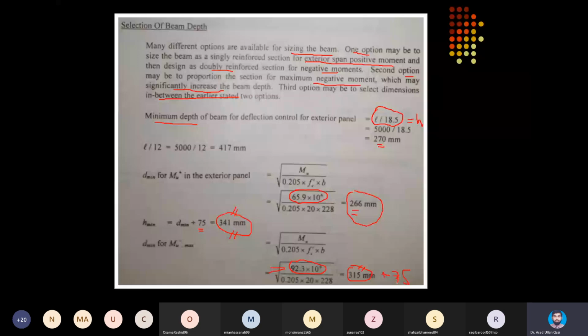So it will become how much? 265, and then minus 25 will be the beam stem below the slab.